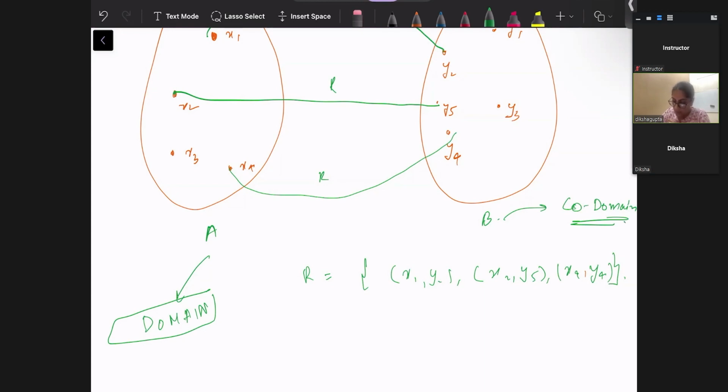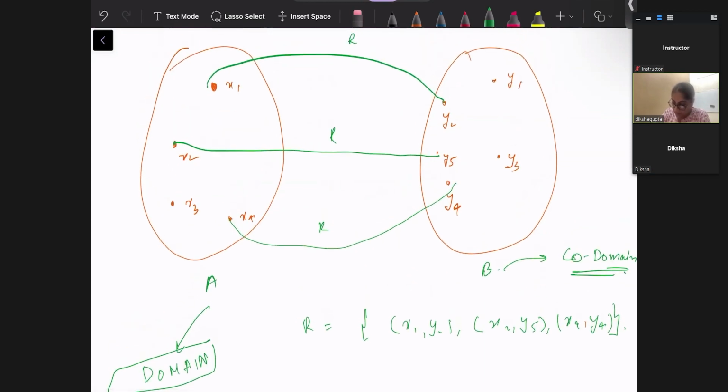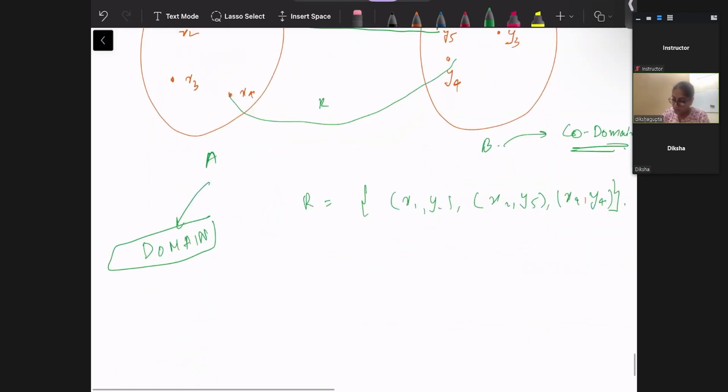Very important: the set of all second elements in the ordered pairs in the relation R. That means only those second elements which are related to some element of the domain. The range is a subset of the second set. So the second elements are y2, y5, y4. So the range is y2, y5, and y4.